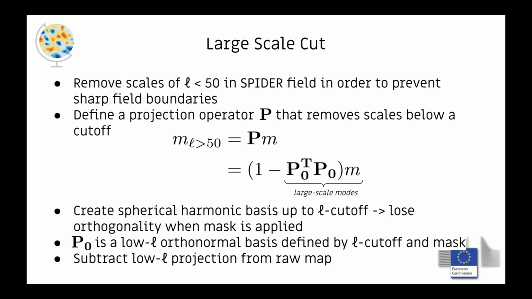And this new basis is stored in this P naught operator. So when you apply this operator on the raw map, this gives you the large scales of the map. And by subtracting these off of the raw map, you are left with all the scales higher than 50. Okay, and we applied this on the Spider data, which is very useful for partial sky data.